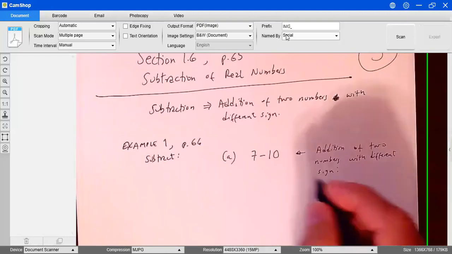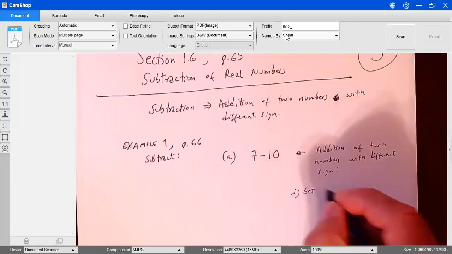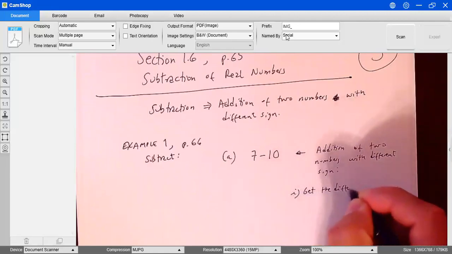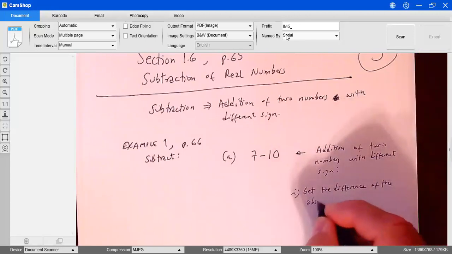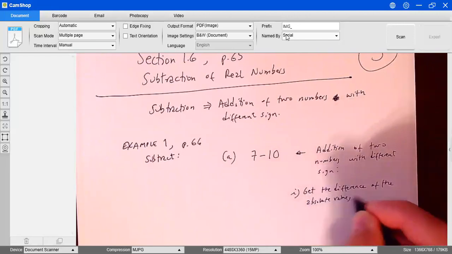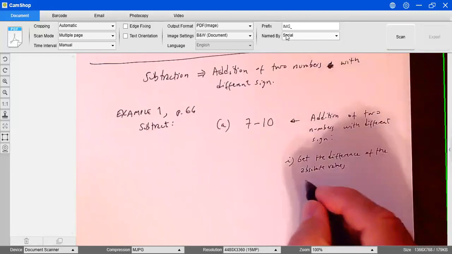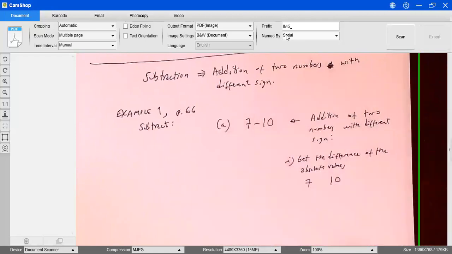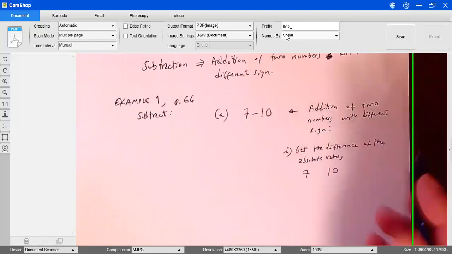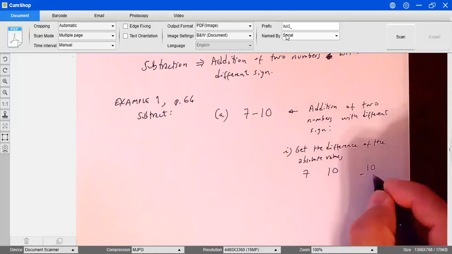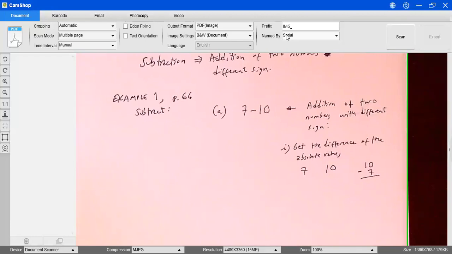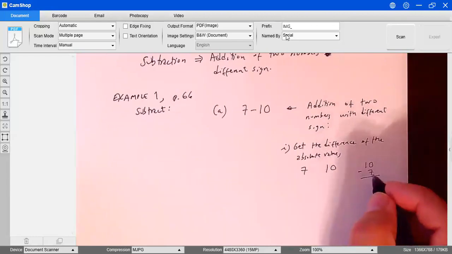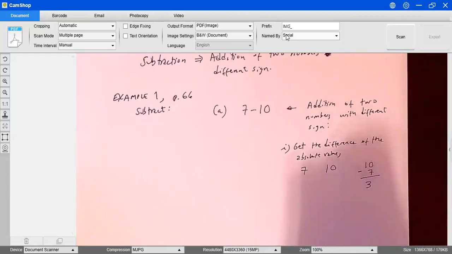If you remember from the previous section, we're going to get the difference of the absolute values. We have 7 and 10, those are the absolute values. So we subtract 7 from 10, because 10 is the greatest and 7 is the smallest. So 10 minus 7 is 3.